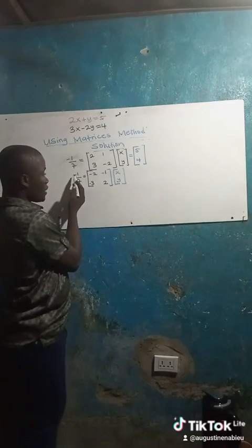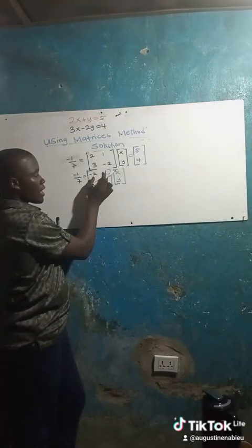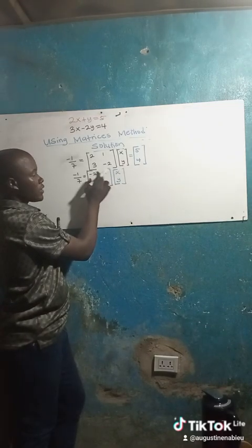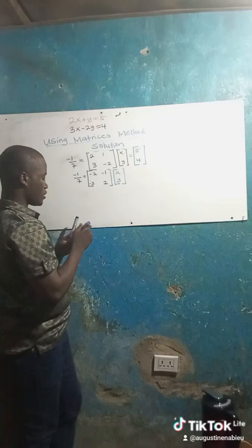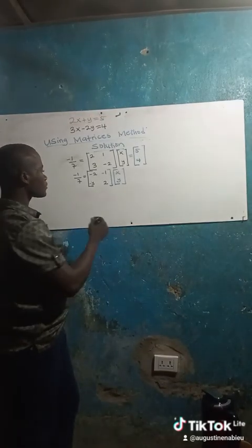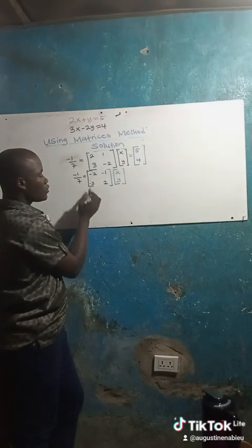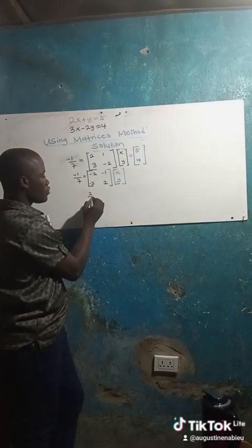So this minus 1 is going to multiply all of the coefficients in this matrix. Negative times negative is positive; 1 times 2 is 2, so it becomes 2 over 7.